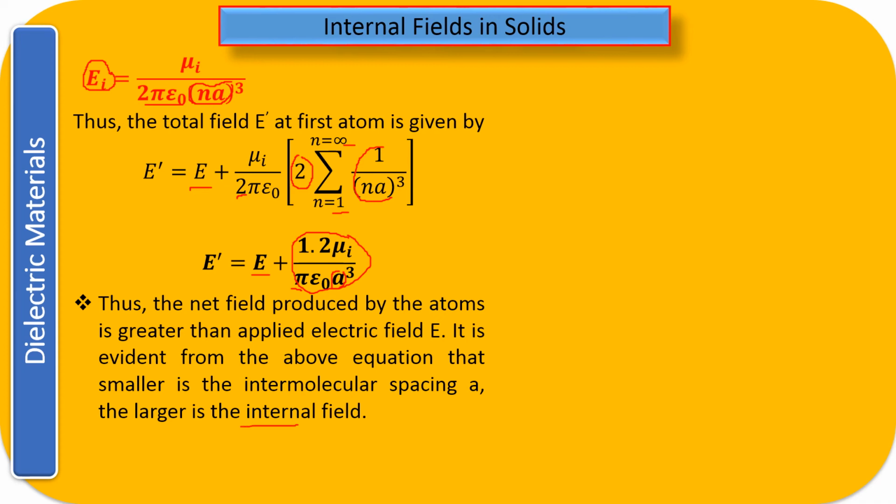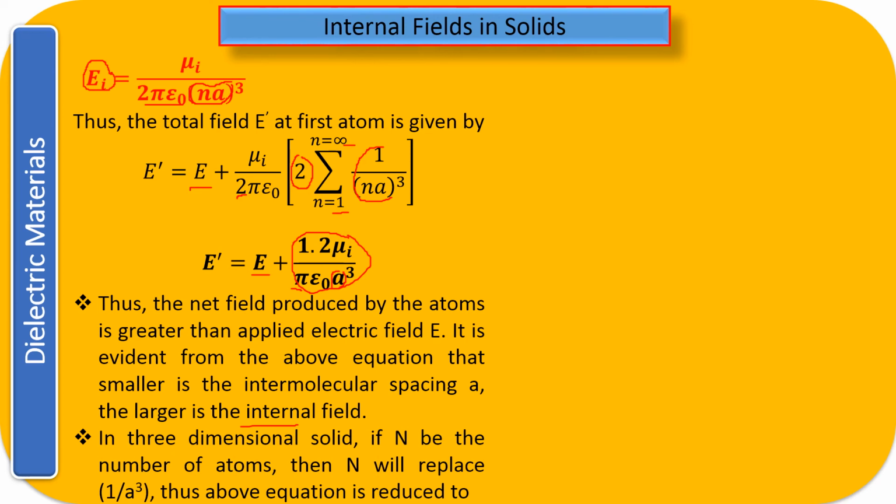So if it is very closely packed, this is why it is more applicable in the case of solids. Even in the case of liquids, the atoms are not that closely packed. So if the distance is a little more, its value will be very small, and it will not be a practical value.